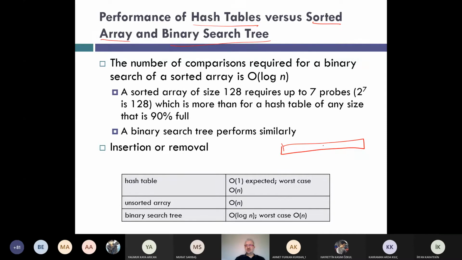Since it is sorted, we compare with the middle element, etc. Continue with the left or right half of the array, and the running time will be logarithmic, right? So if there are 128 elements in the sorted array, we have to perform 7 probes at most. Log 128 is 7, right?